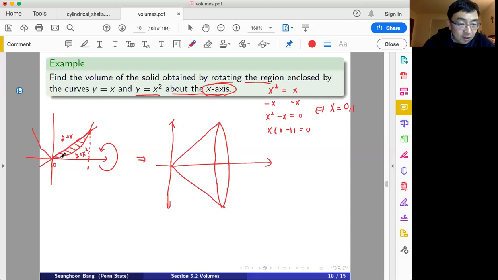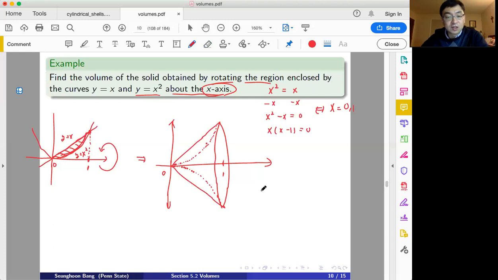You can rotate the inside one too, and we have something like a tornado. Like this, right? So this is from 0 to 1.